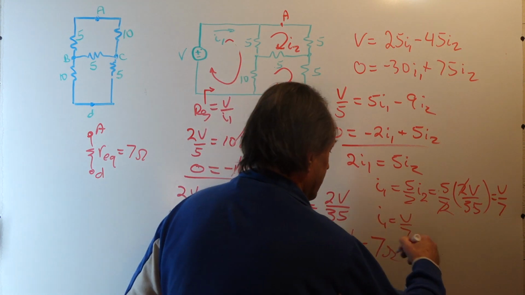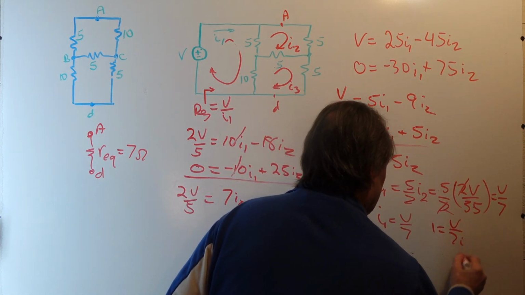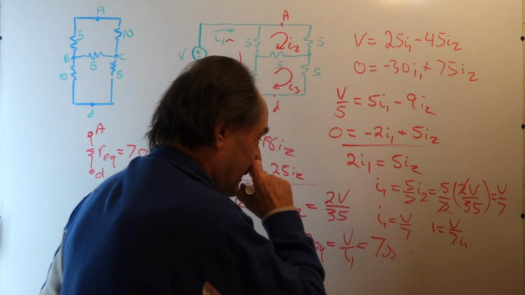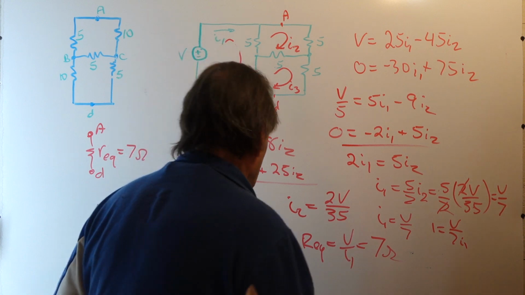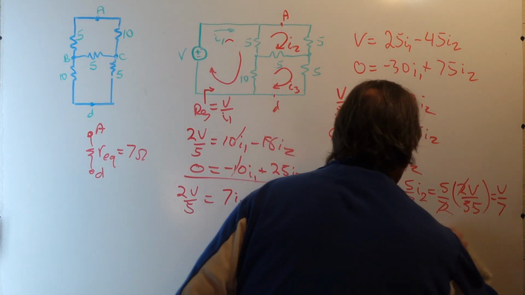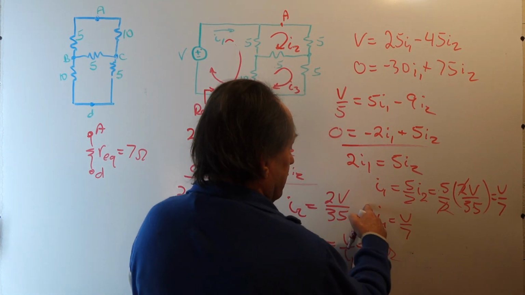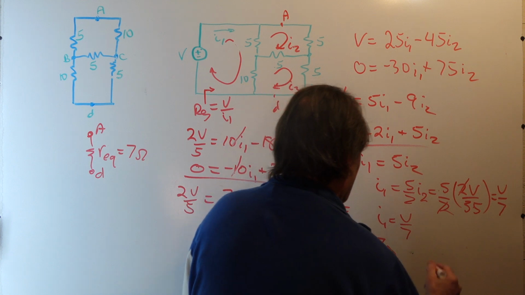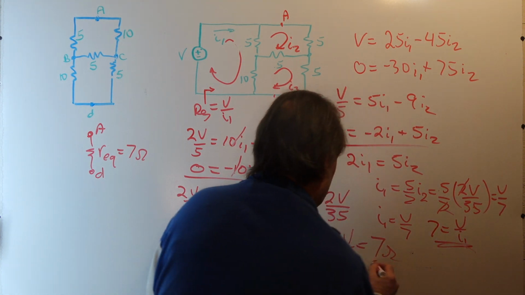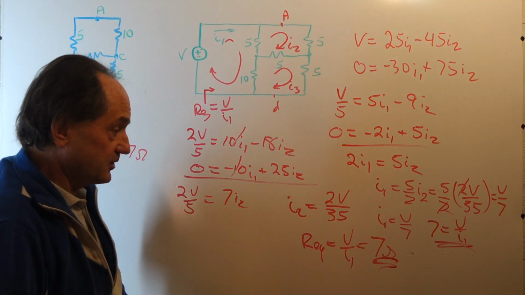Just taking this equation, let's just do it a different way here. We want V over I1, so we bring the 7 over to the left, the I1 down. So 7 equals V over I1. So again, we get the same value as we did when we did the network reduction.